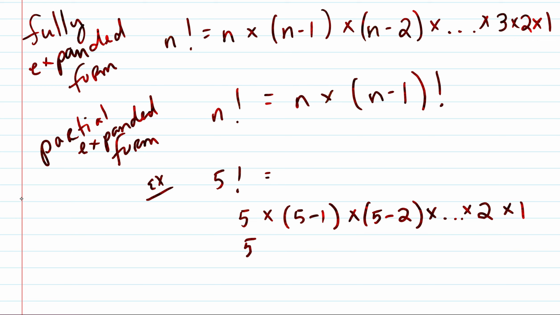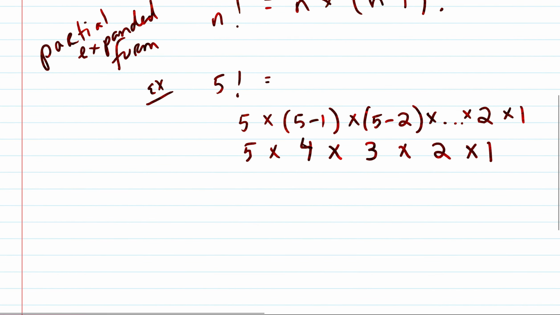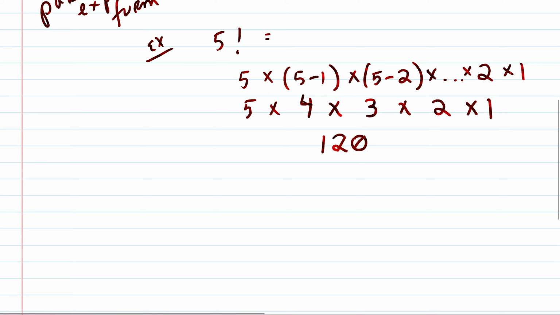So it is 5 times 4 times 3 times 2 times 1. Then 5 times 4 is 20, 20 times 3 is 60, 60 times 2 is 120, 120 times 1 is 120. So that's how we get 5 factorial.